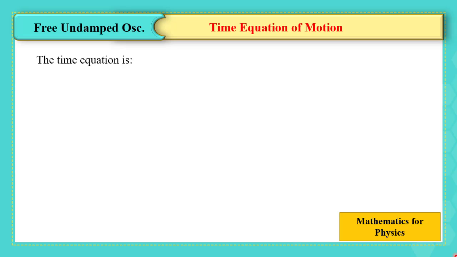But first, how do we verify that this equation is a solution to the differential equation that we gave you? We should replace it in the differential equation, and this equality should be verified. First, to make this step, we're going to consider x equals a cosine of omega 0 t plus phi, and the same study can be done for x equals a sine of omega 0 t plus phi.